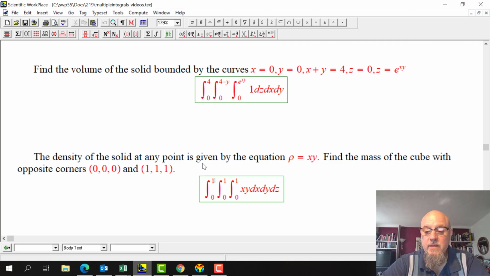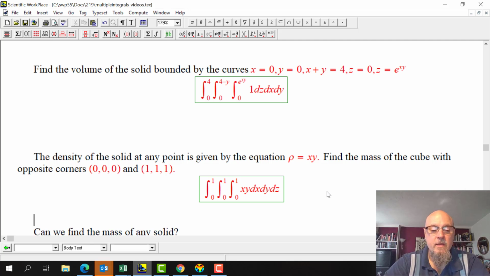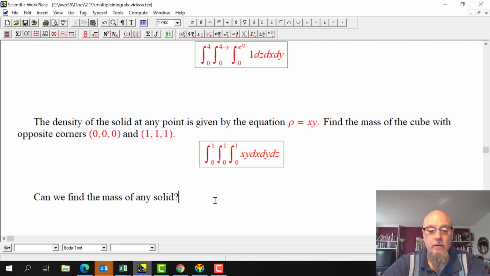And if I evaluate this integral, I'm going to get the mass of the cube. I'm summing up all the little volumes times the density. All right, well, that begs the question then. Again, we haven't actually done that integration, but can we find the mass of any solid?